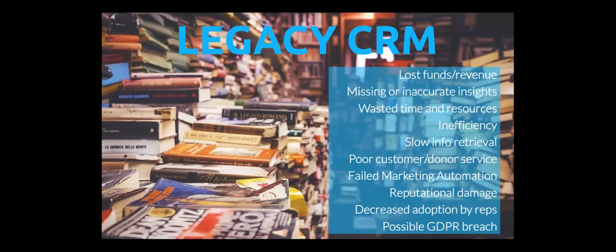The legacy CRMs are looking back at the past years. There's data coming in via each way, so it leads to less revenue, fewer funds, etc. But also, looking towards 2018, a possible GDPR breach. Why GDPR?